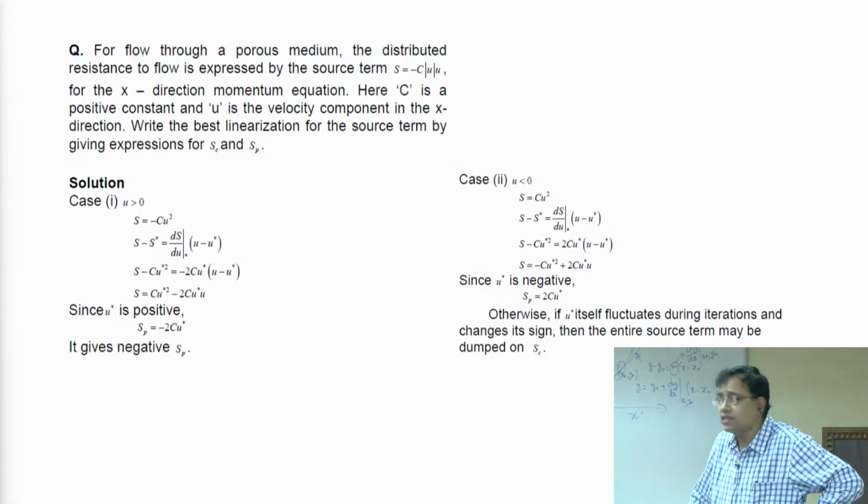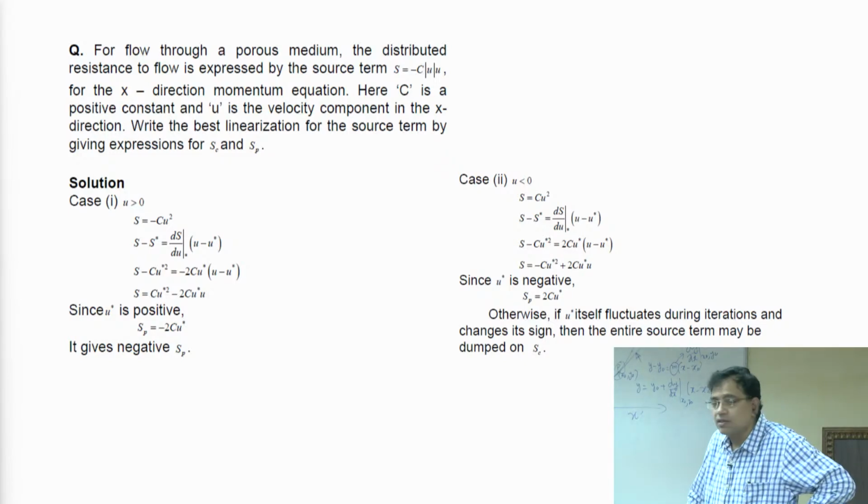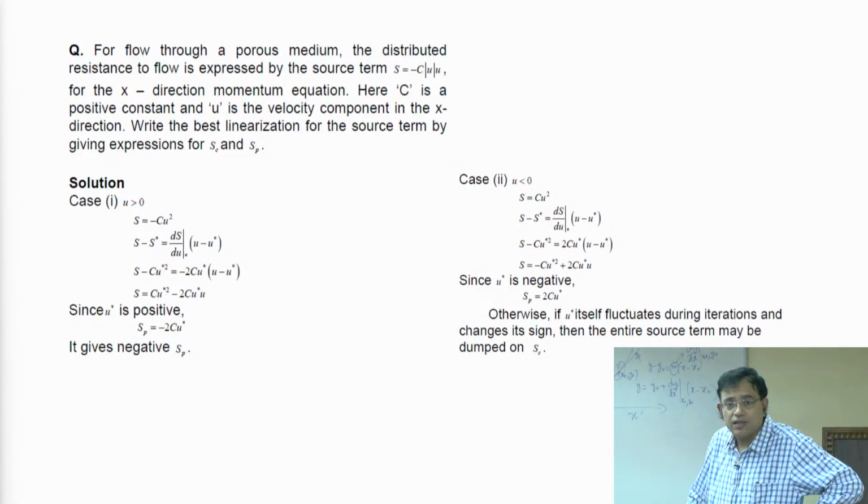In this case it is alright, but let us say it does not come out that way, because you are given some function and it has somehow given Sp as positive. Then what you can do is, you have S equal to Sc, which is a constant term, and a linear variation term.